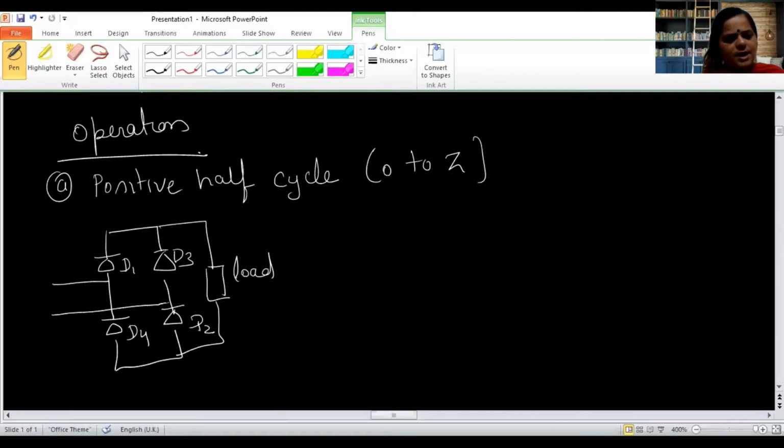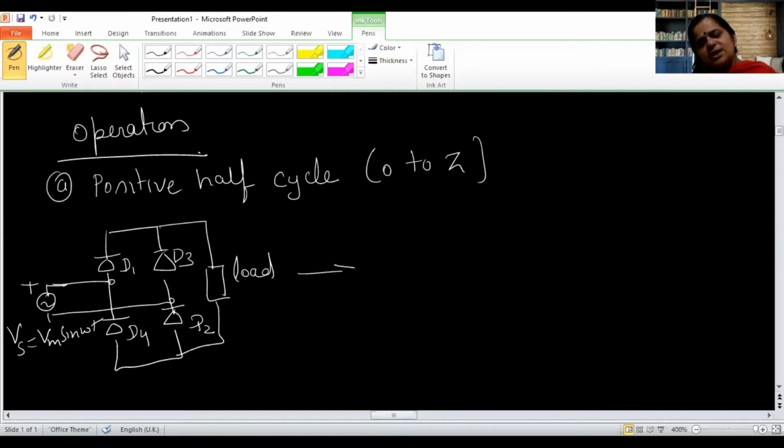And here the AC supply is connected, and assume that during the positive half cycle, the upper terminal of the AC supply is positive, and this AC supply I can represent by Vm sine omega t. So when the upper terminal of the supply is positive, you can see that diodes D1 and D2 will be forward biased, and D3, D4 will be reverse biased.